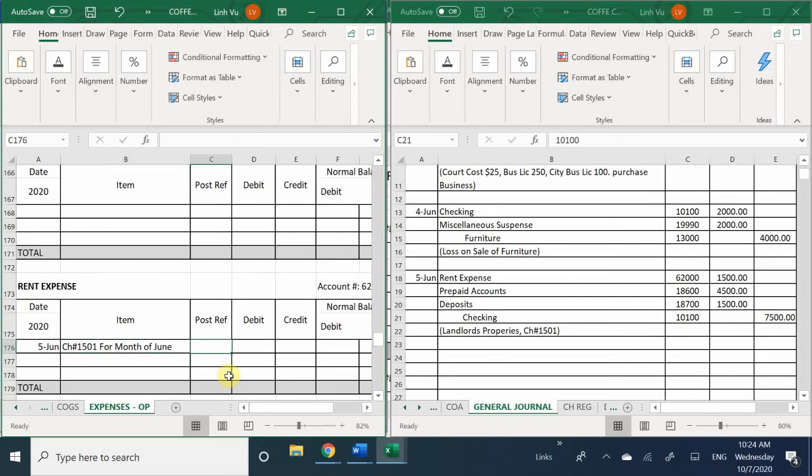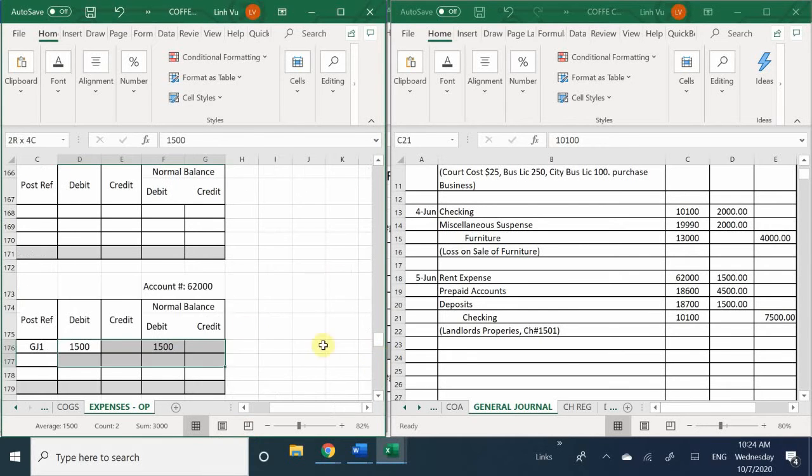Post reference is going to be my general journal number 1. Did I debit my account? Yes, I did, for $1,500. Therefore, my rent expense debit is going to be $1,500.